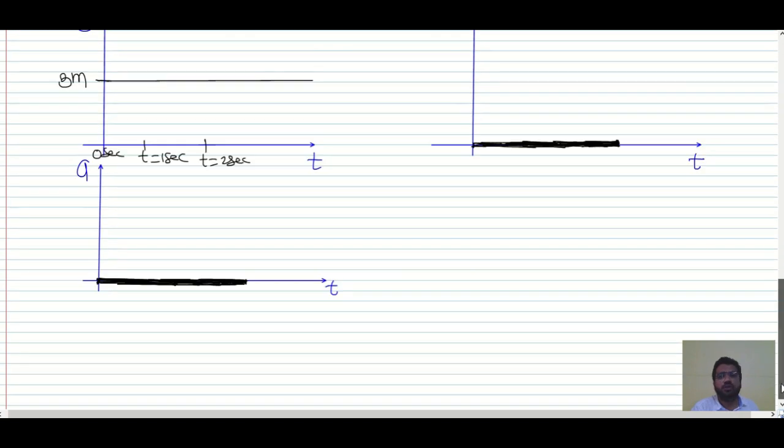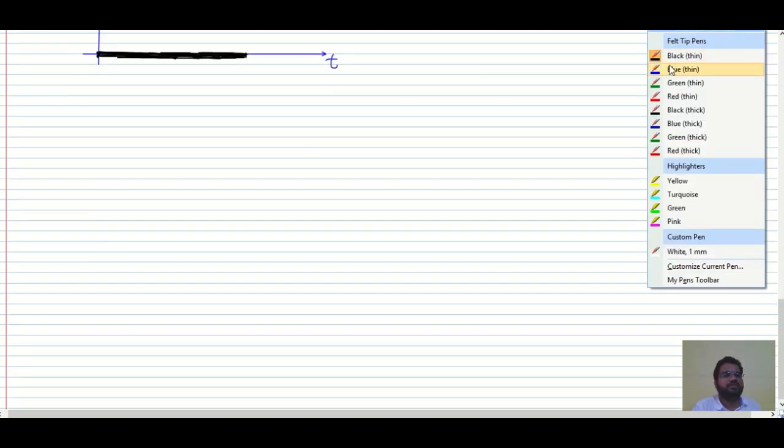Now for uniform motion. Second one, for uniform motion, or else we can say object is moving with constant velocity.